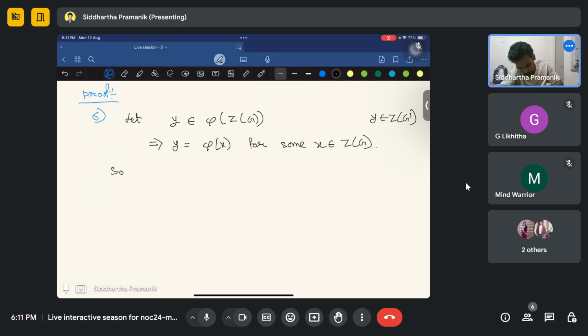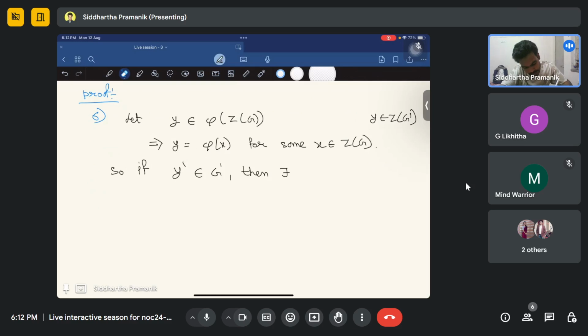So if y prime belongs to G prime, then there exists an element, let's say x prime in G, such that phi of x prime is equal to y prime.